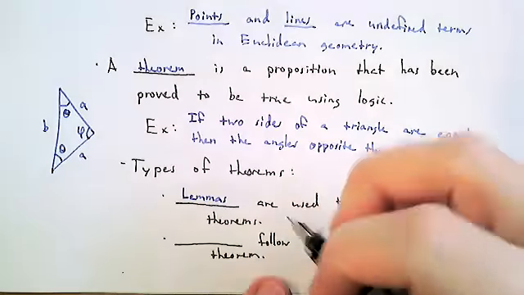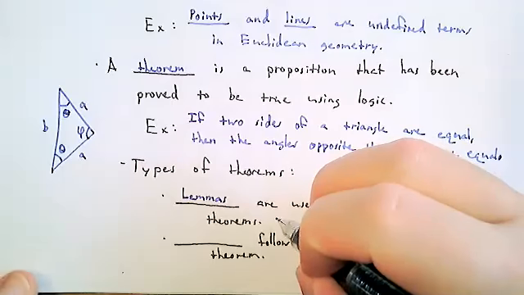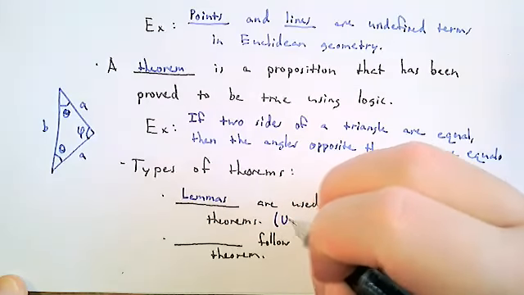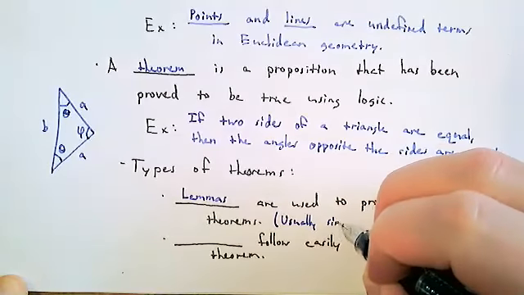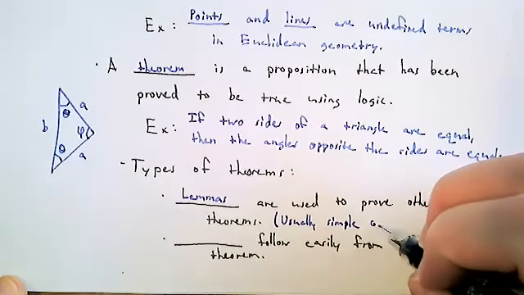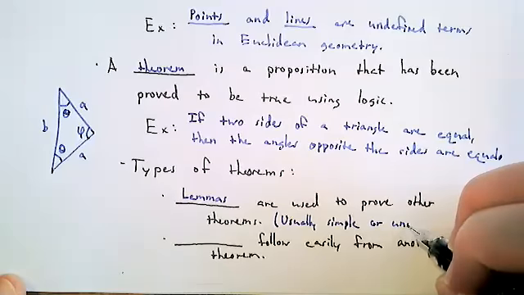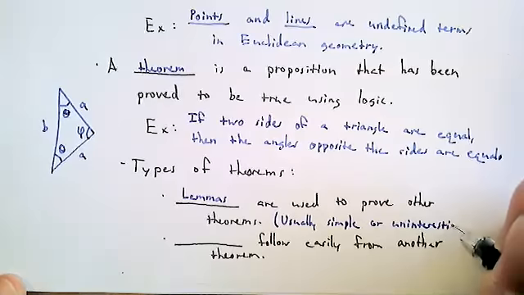So they're usually simple or not very important by themselves. But they're useful to prove more important things, and they get called lemmas. Maybe I'll use the word uninteresting by themselves.